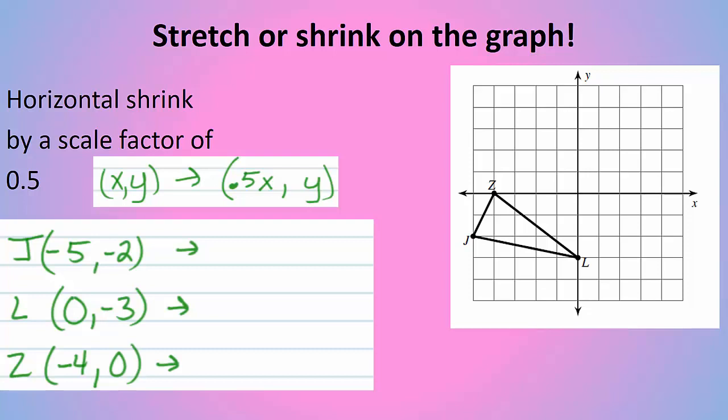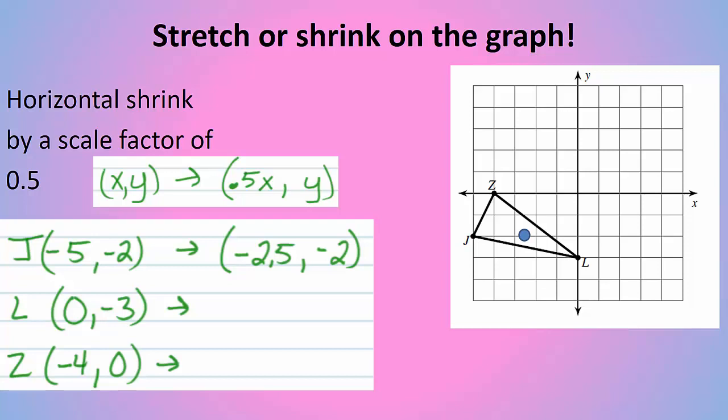So we have an x value of -5 times 0.5. 0.5 we know is the same as 1/2, so half of -5 will leave me with -2.5. There was no factor or value in front of the y, so I simply plug in my y. My y value for my J ordered pair was -2. It will remain -2. So we have an ordered pair at (-2.5, -2).